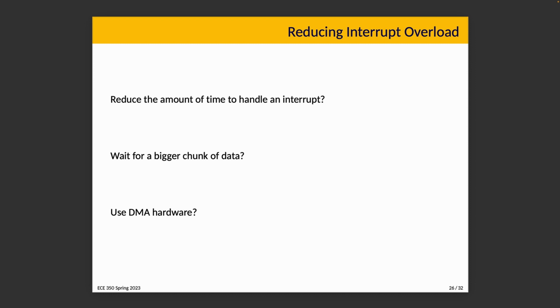Could we use DMA hardware? Make use of DMA hardware to reduce the involvement of the CPU? That one actually might be plausible. That might work. We might be able to successfully deliver the thing to the location in memory much more easily than we would actually having the operating system wake up and deal with the interrupt and do all of these things that we needed to do.